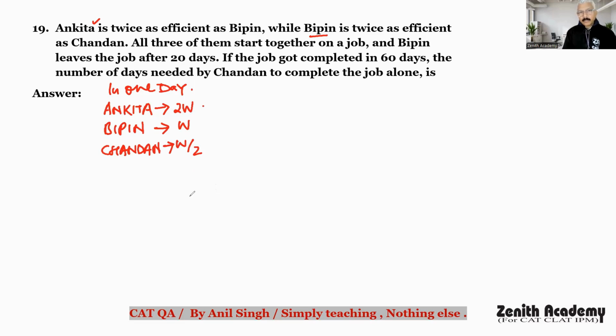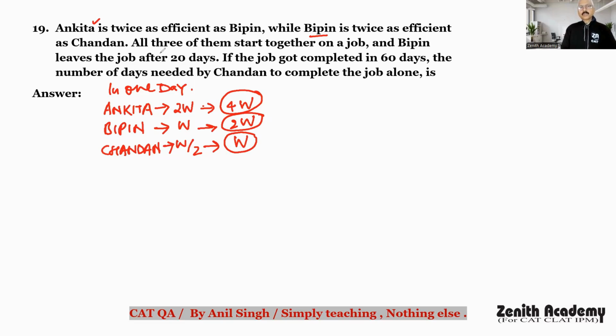If multiplied by 2, suppose Ankita works 4W in a day, Bipin 2W, and Chandan W work. So 4W, 2W, W are the outputs given by Ankita, Bipin, and Chandan respectively in a day.